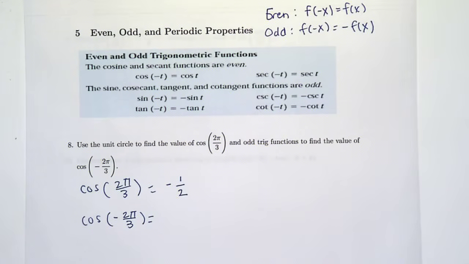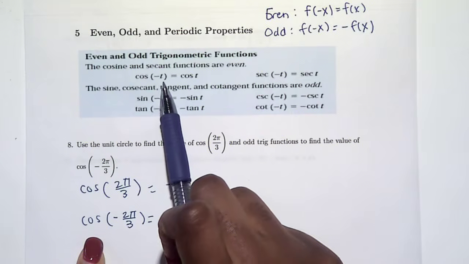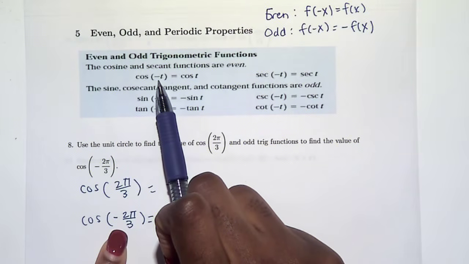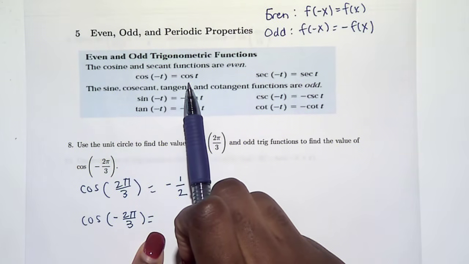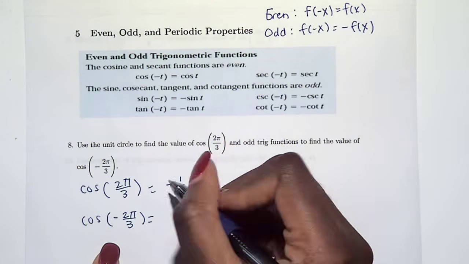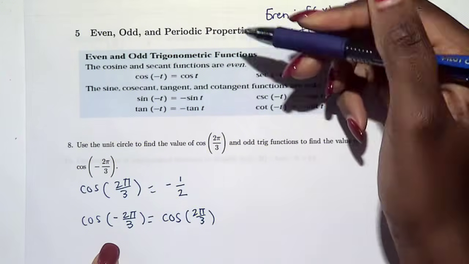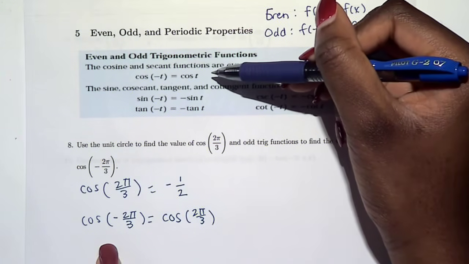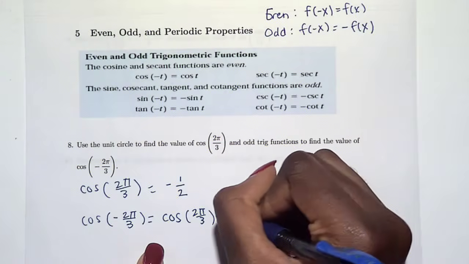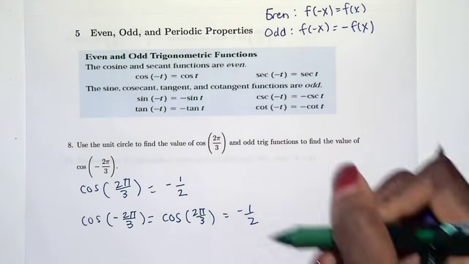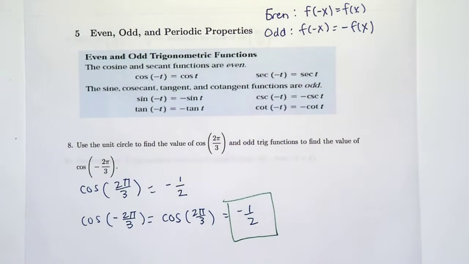But here, I'm working with an even function, cosine. When I plug a negative into my angle, it's just as if I did not plug in the negative at all. So cosine of negative 2 pi over 3 is the same thing as cosine of 2 pi over 3 because cosine is an even function. And so it's also negative 1/2. Just by knowing this, you don't have to do extra work.